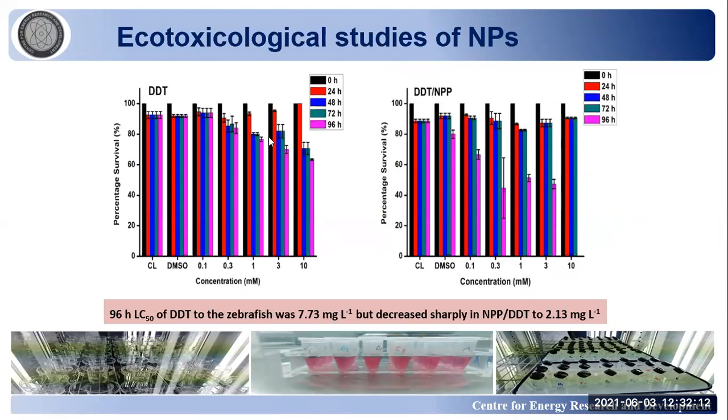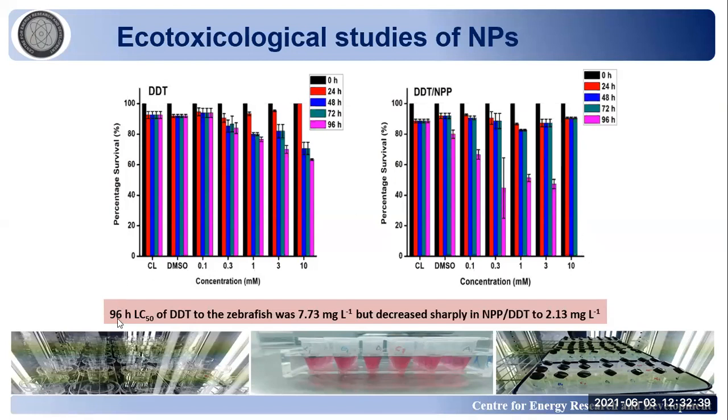We have the knowledge that DDT can actually induce a neurotoxic effect, it can have toxicity effect on the zebrafish embryo based on previous studies. And as you can see here, with increase in concentration and time, of course, there's also increase in mortality when we introduce the DDT. But when DDT and MPP were introduced, we observe a greater mortality in the animal.